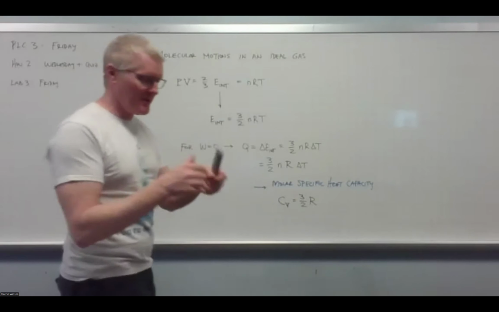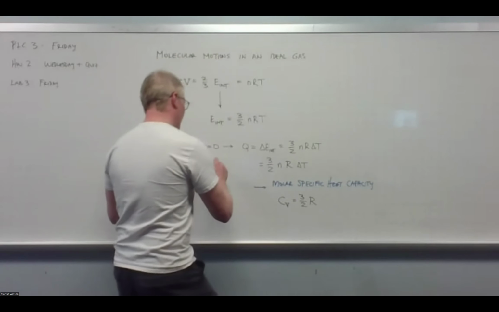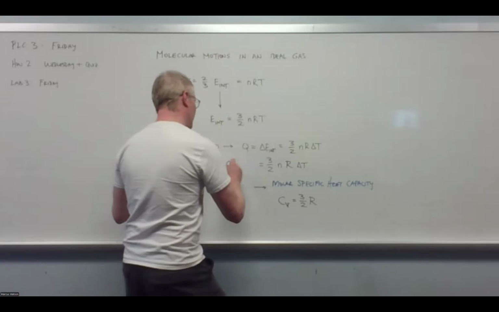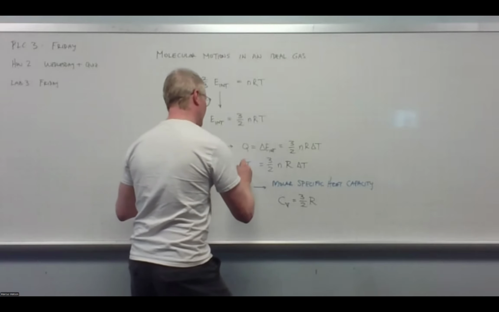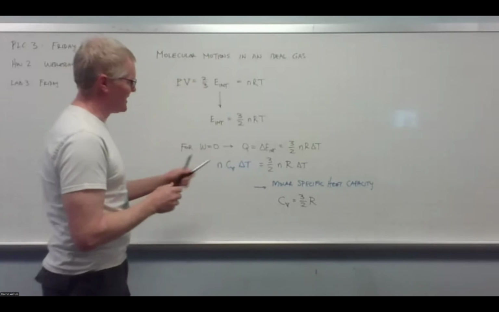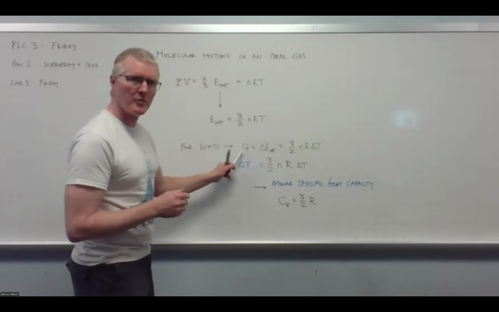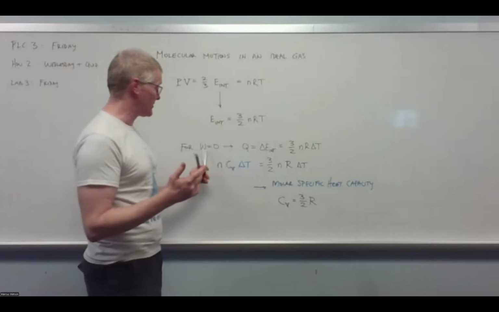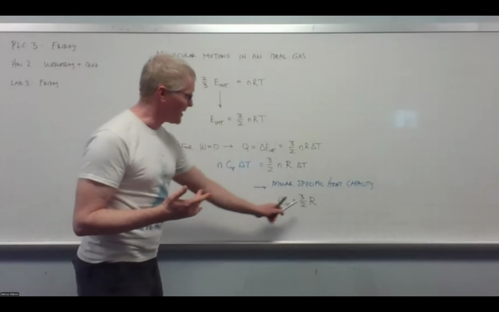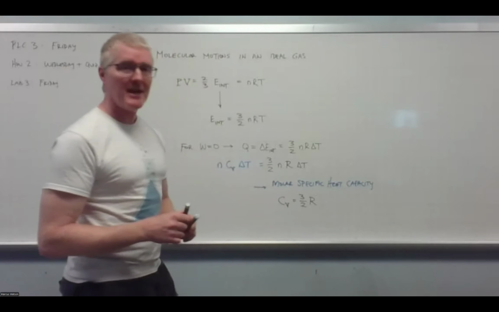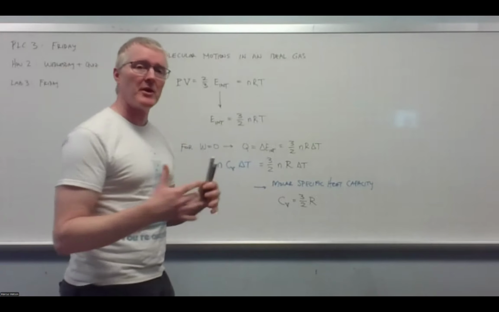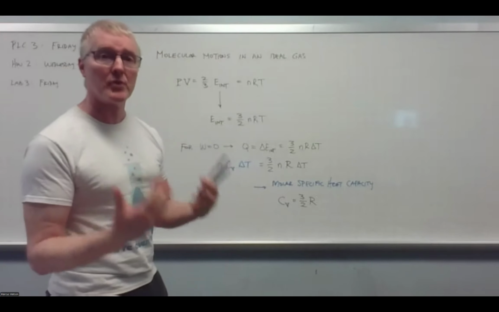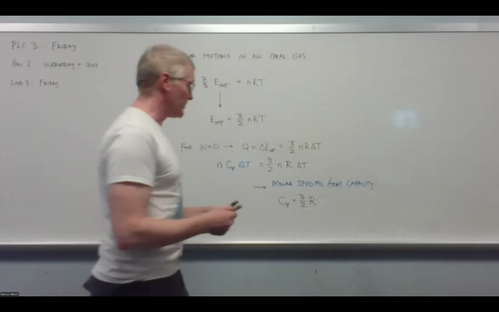I kind of mashed it up between the heat here being nC_V delta T, like that, okay? So the molar form of the heat transfer, right, would be nC_V at constant volume because we've got no work done. And so we come up with the constant volume heat capacity. And then at the end of class last time, I also talked about the constant pressure heat capacity, right?